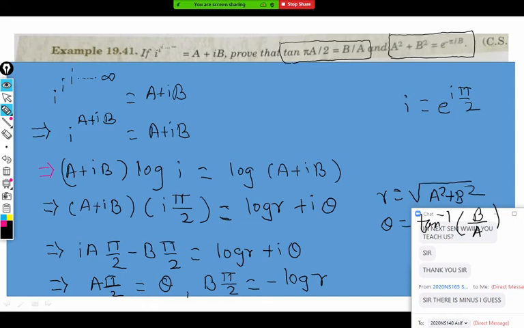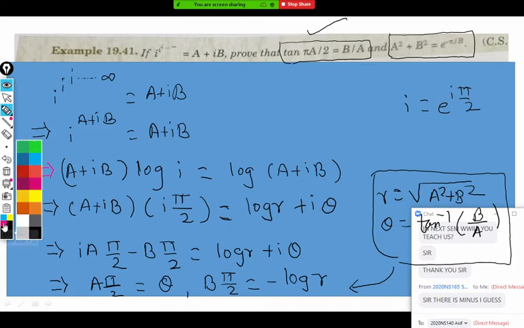Is it clear? Yes, sir. Okay. So theta is tan inverse of b upon a. So just resubstitute the value of theta. These values we can use there, and we get the first result.